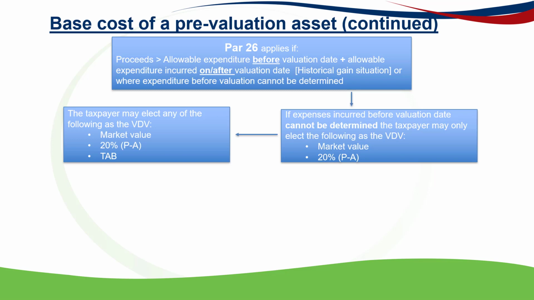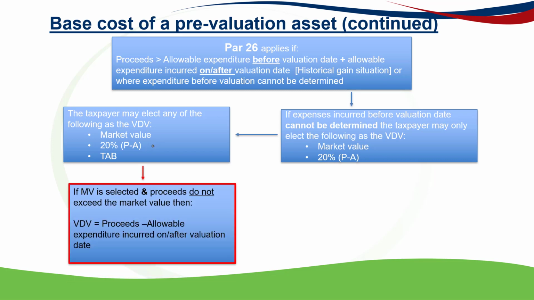Or they can select 20% of the proceeds less allowable expenditure incurred on or after valuation date. So this A would refer to allowable expenditure that was incurred on or after the valuation date, right?